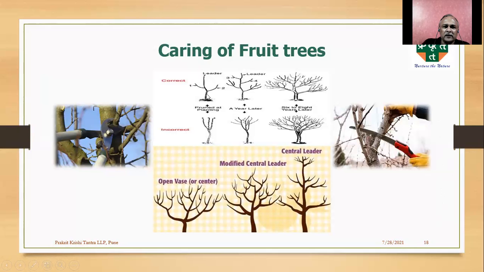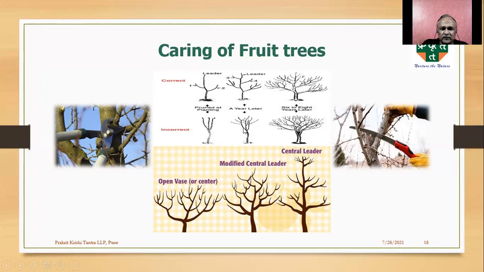Here, for example, the main stem, from that you allow the branching to happen. See, this is the first branching that happened, then these two branches went up, then again two branches. So like this, you allow the branching to happen. Instead of that, if you just cut it, then three branches come up like a fork, and the structure will be disturbed then.